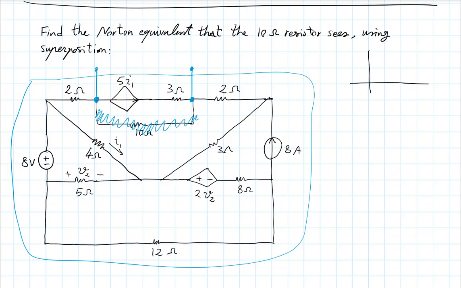So if this is my voltage versus current between these 2 points, this is the open circuit voltage, and this is the short circuit current. And one way to find the Norton equivalent was to find these. We could equivalently find any other 2 points on the line and still define the line entirely, but these are convenient.